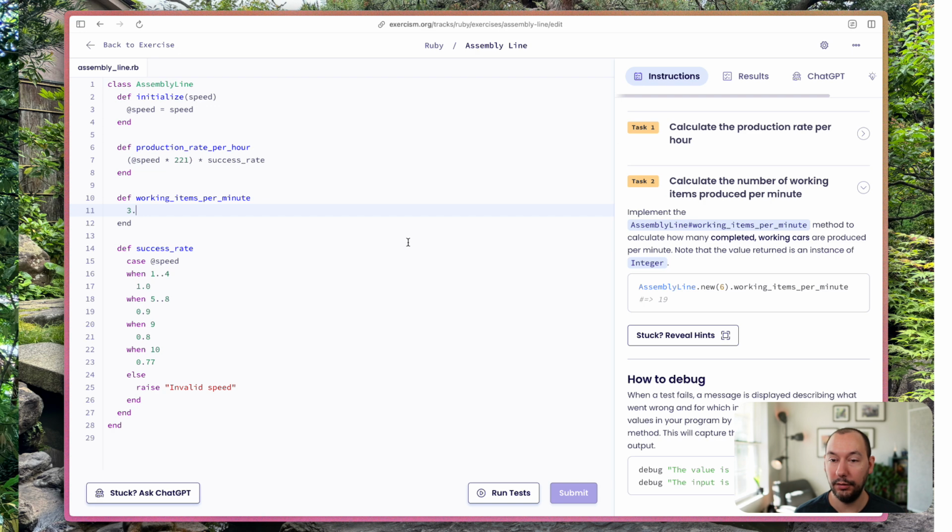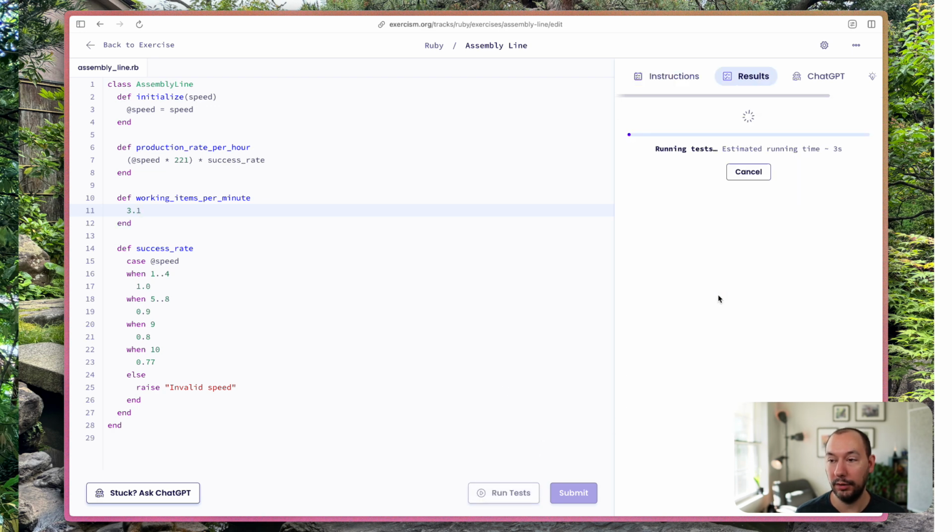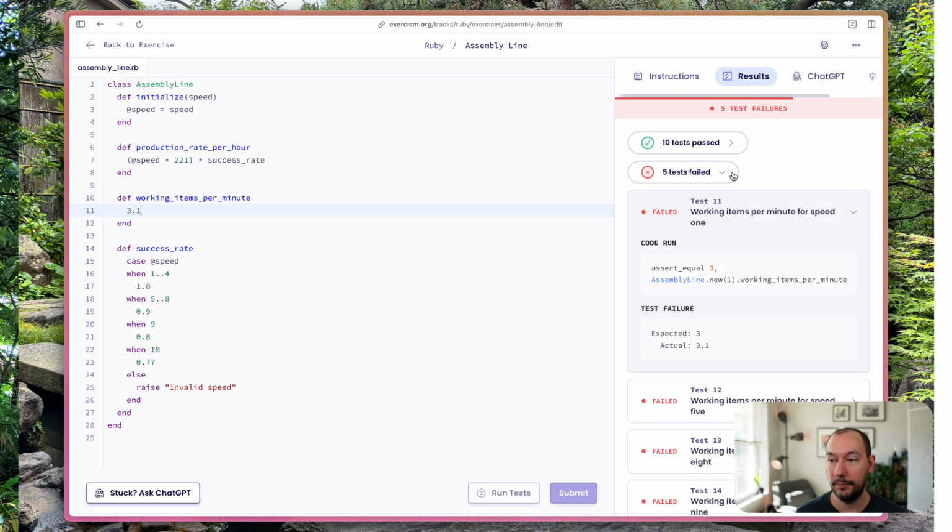Because 3.0, well, let's say for the first test, 3.0 is fine. What happens if we do 3.1? Okay, yep. So it was easily able to coerce 3.0 into 3.